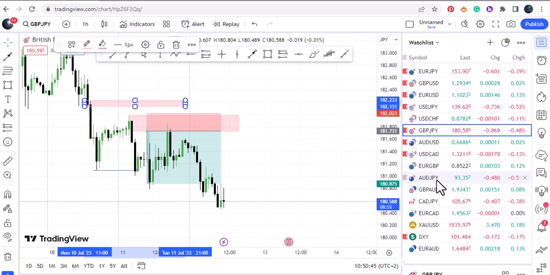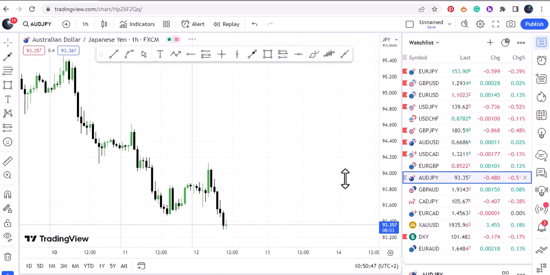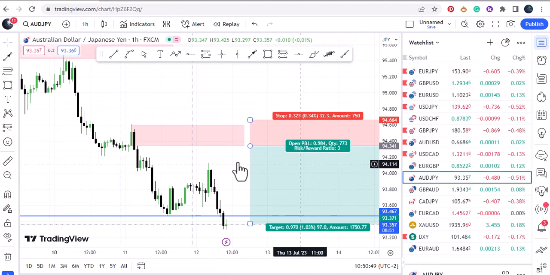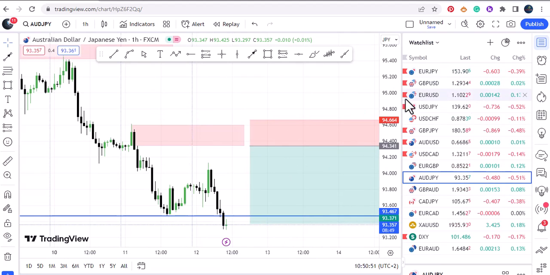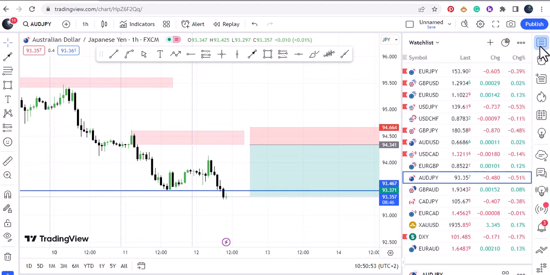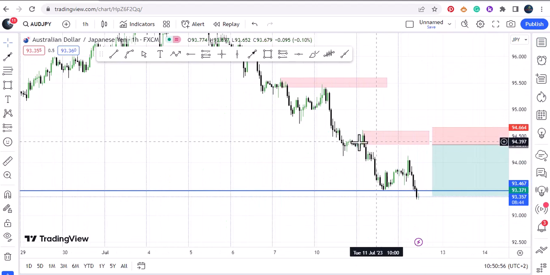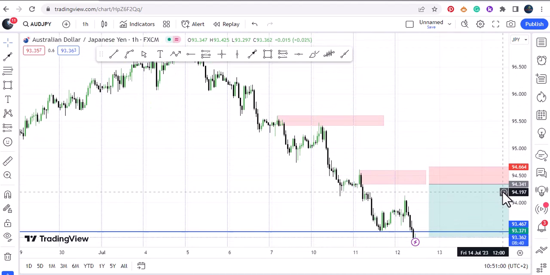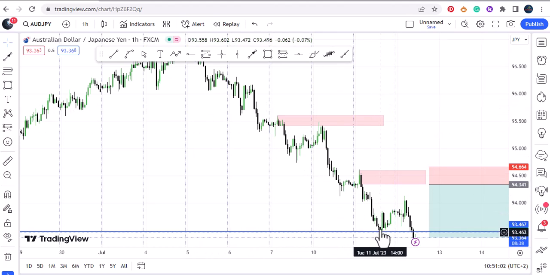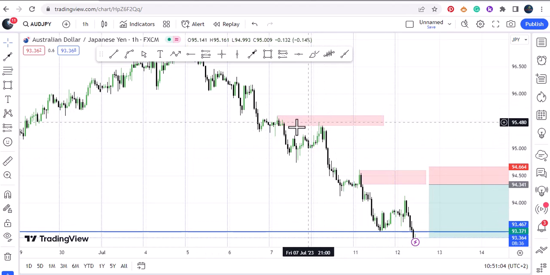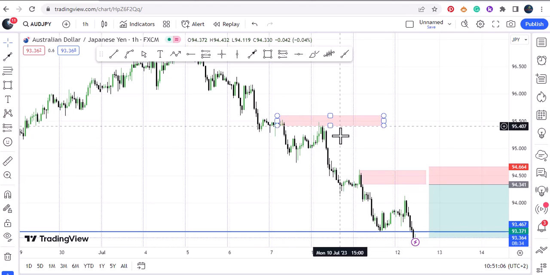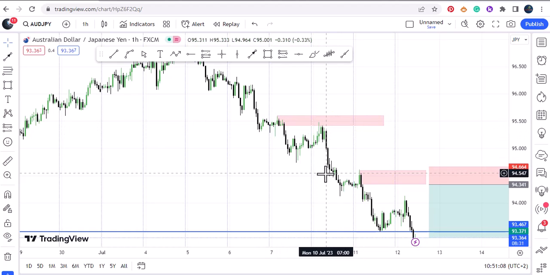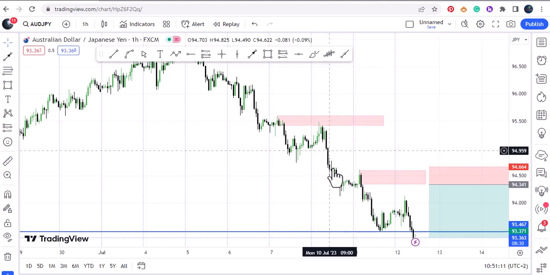So without saying much, let's just go to AUD JPY. This is Aussie yen, right? From Aussie yen, you can clearly see that we had a very beautiful price action market structure going down, right? This is a trend that we mapped out again. Order block and price tapped into that and went down like what you are seeing here.